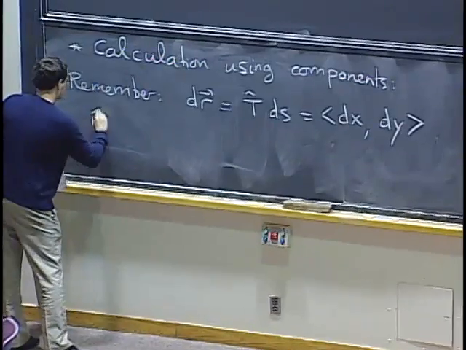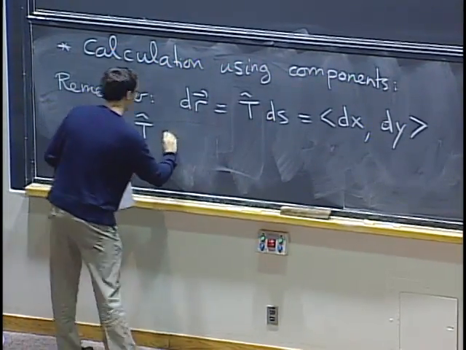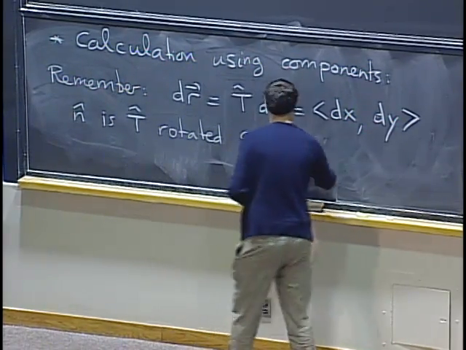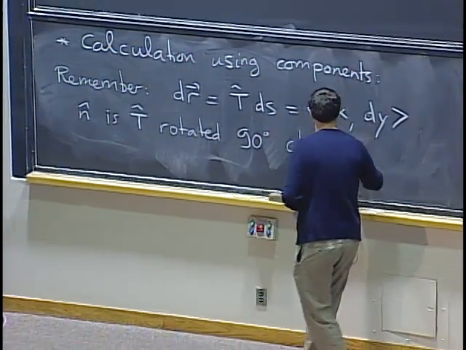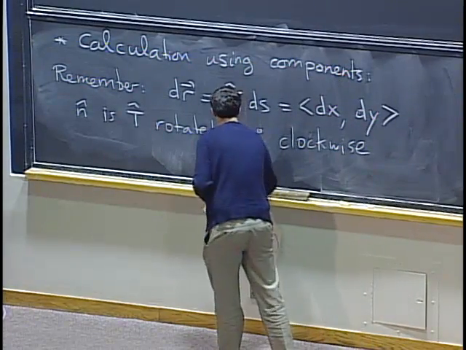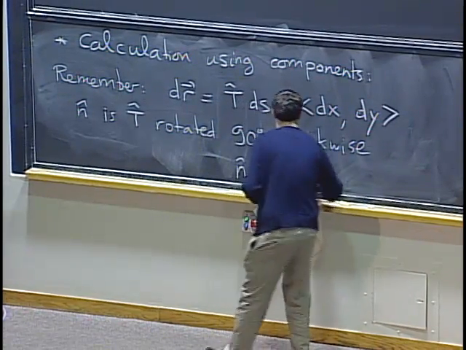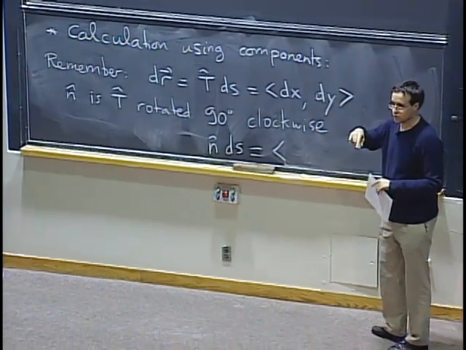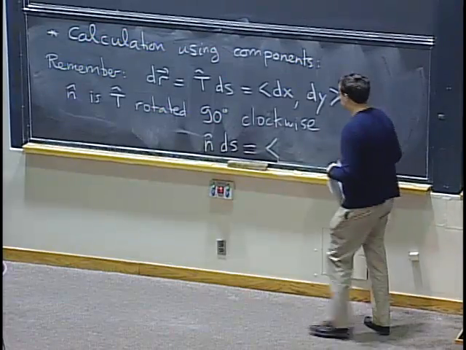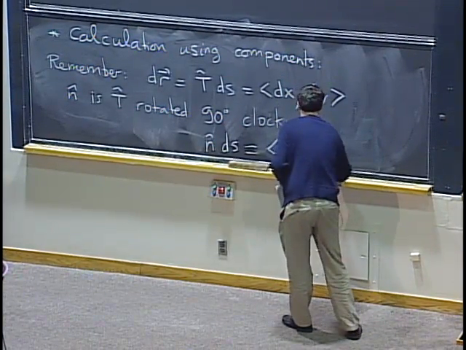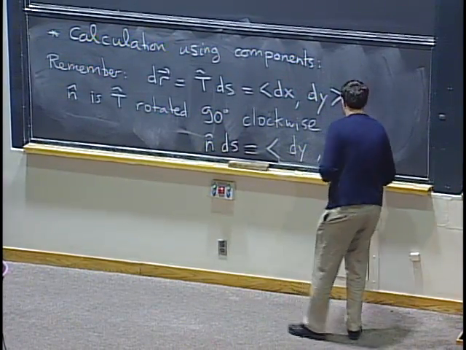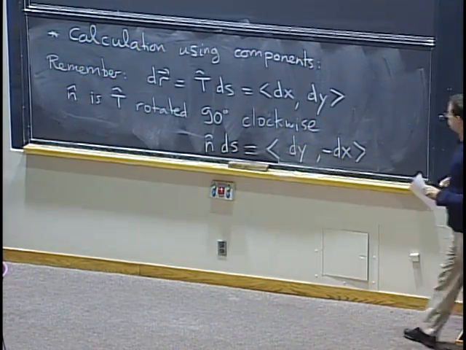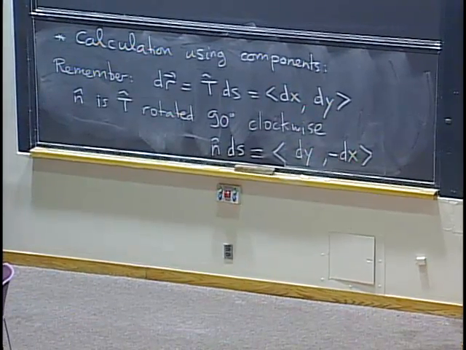So n is T rotated 90 degrees clockwise. So how do we rotate a vector by 90 degrees? We swap the two components and put a minus sign. So swap them, you have dy and dx, and you have to be careful where to put the minus sign. If you're doing it clockwise, it's in front of dx.